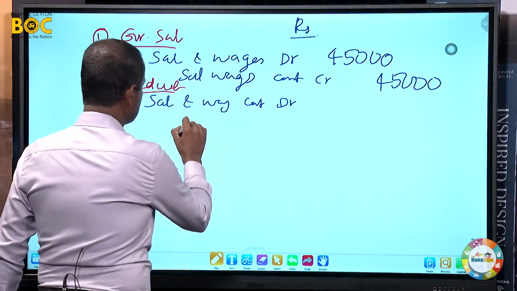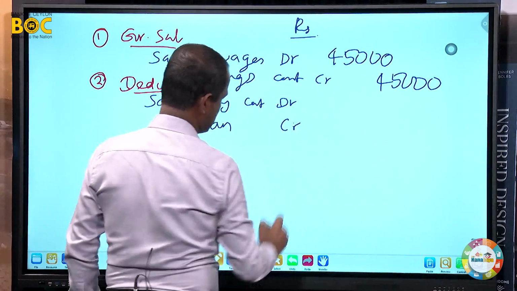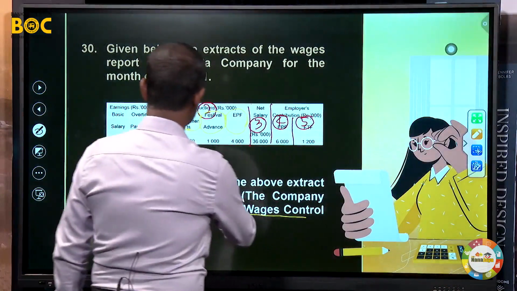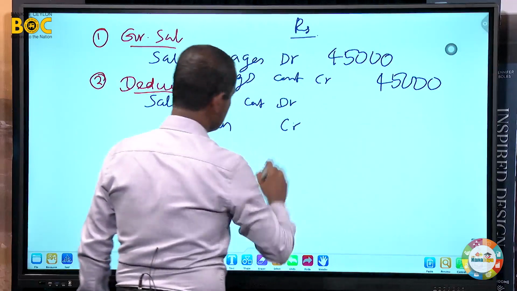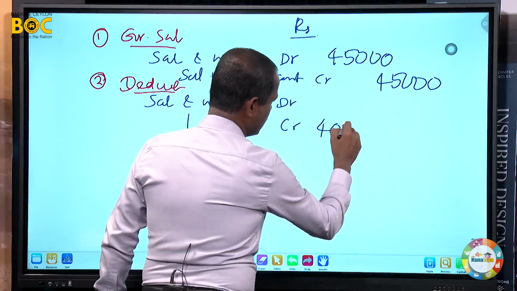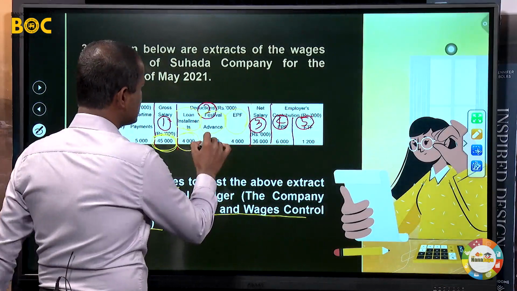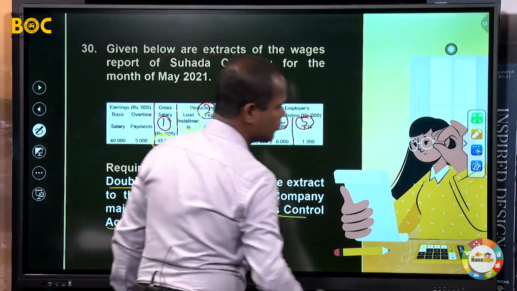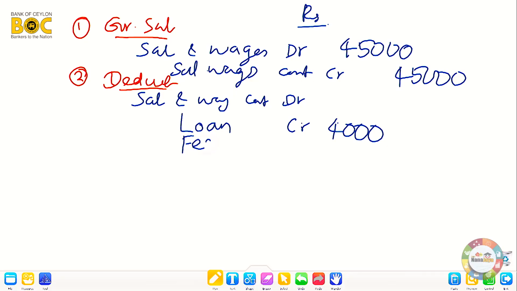You credit them. Loan account credit. How much? Loan amount 4,000 rupees. Then the other deduction, festival advance account credit. How much?